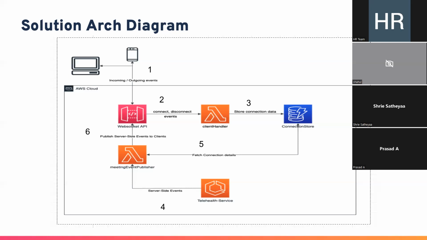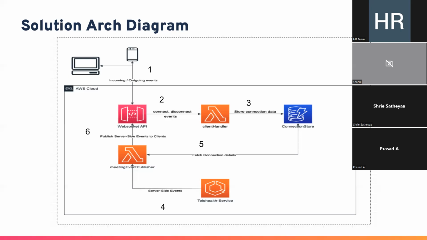When the patient clicks on the link, the first page he sees is the please wait page, which is the waiting room, and that is where the connection is established. We transition him to the waiting room and immediately establish a connection.